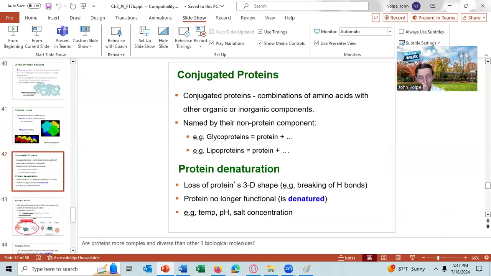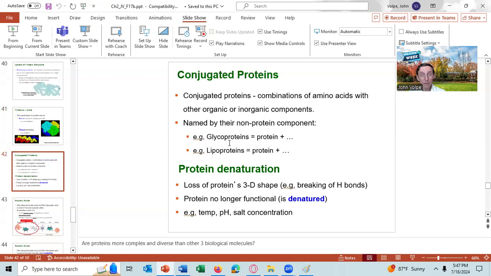With proteins, we can have the protein connected to another part of a different molecule, and we call these conjugated proteins, combinations of amino acids or proteins with other organic or inorganic components. These conjugated proteins are named by their non-protein component.